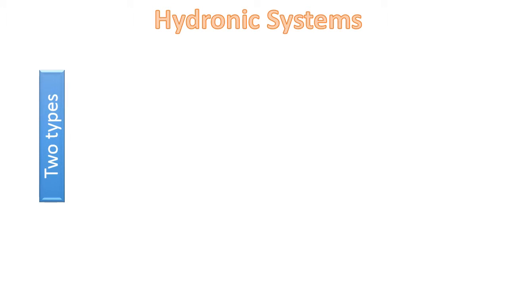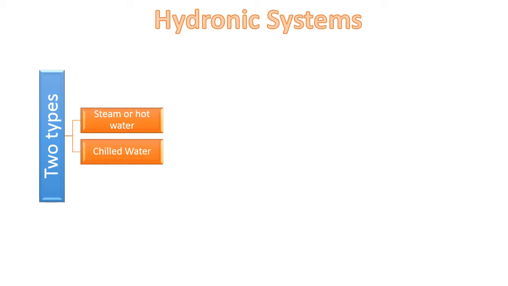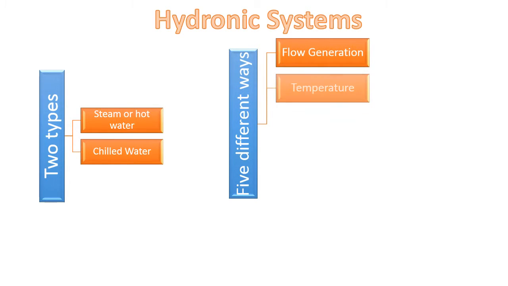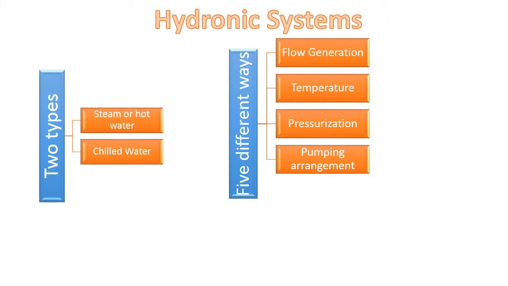There are two types of hydronic systems. One, which is the steam or hot water, and the other one, chilled water. They can also be classified in 5 different ways: flow generation, temperature, pressurization, pumping arrangement, and piping arrangement.